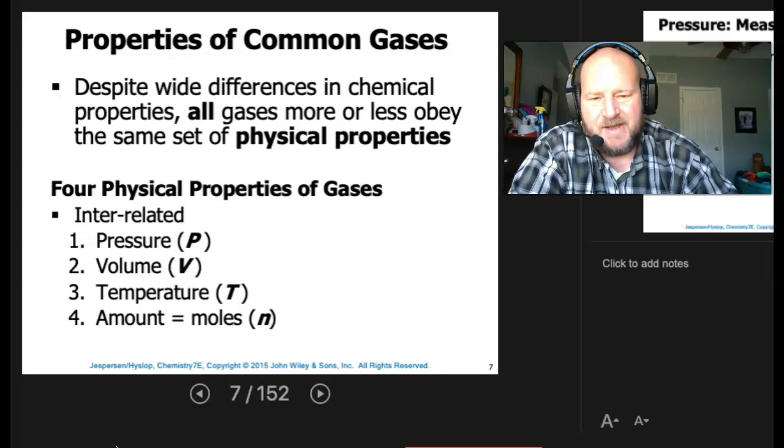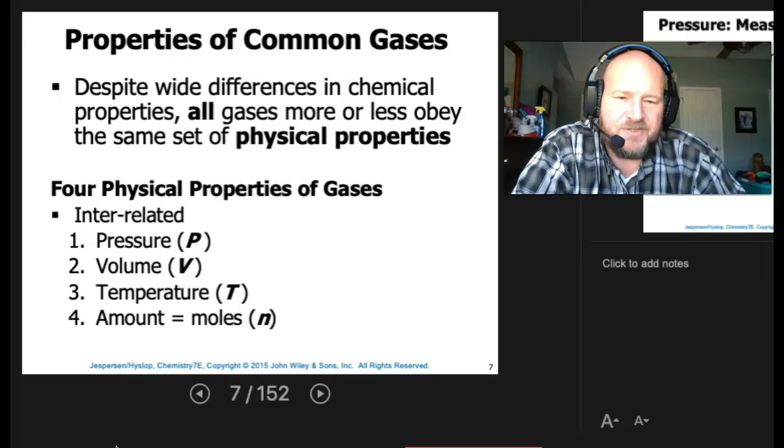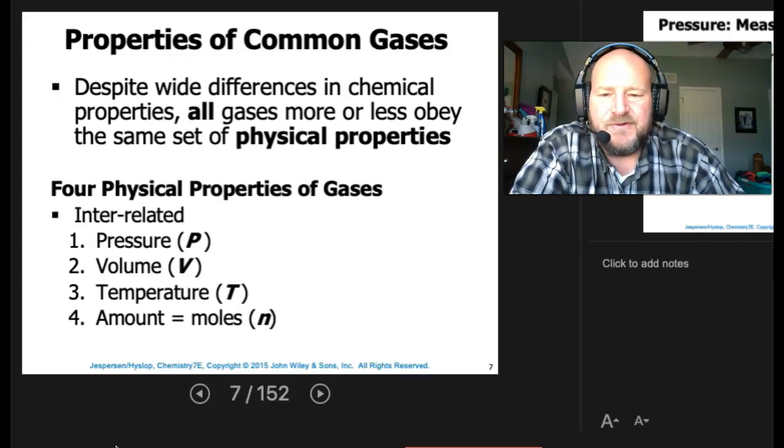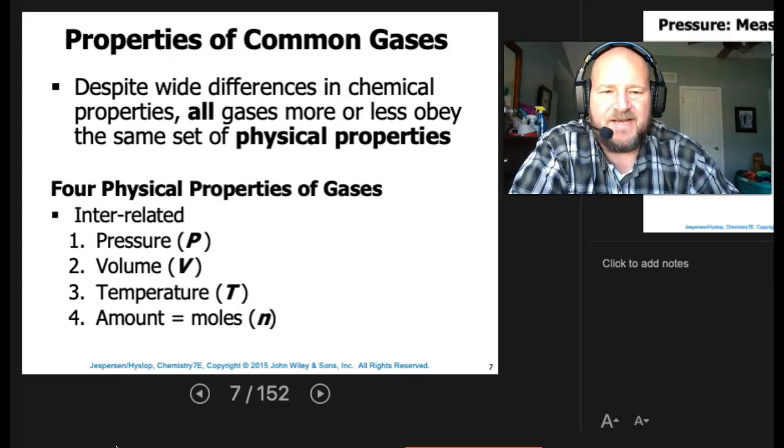So there's the amount of gas, the pressure on the container, the volume of the container, and the temperature at which the container is set. Those four physical properties are used to describe all gases, regardless of reactivity, type of gas, or size of molecule. Whatever pieces are there, those are the four things we use to describe any given gas.